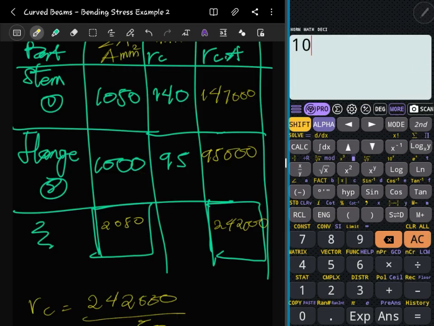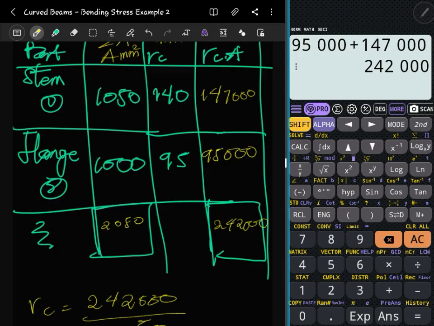1050 times 140, three zeros, and then 95 times 1, 2, 3, three zeros, plus 95,000 plus 147,000, that's 242 with three zeros, all on the area.